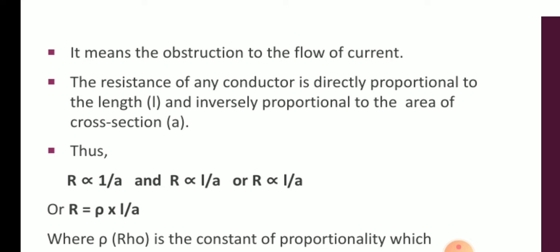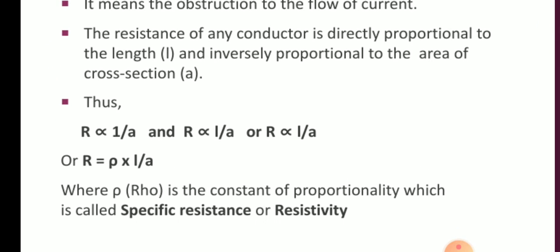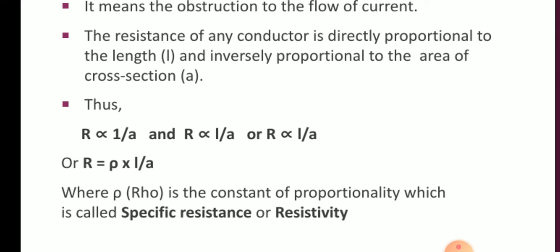So if you merge the two relations, R proportional to 1 by A and R proportional to L, you will get R proportional to L by A, and R equals rho multiplied by L by A. So again there is another term, rho.